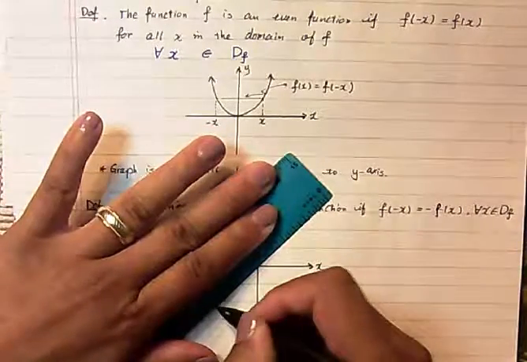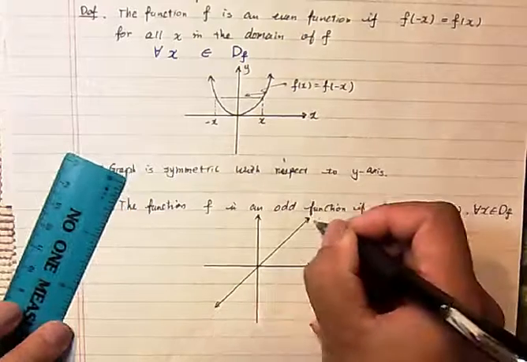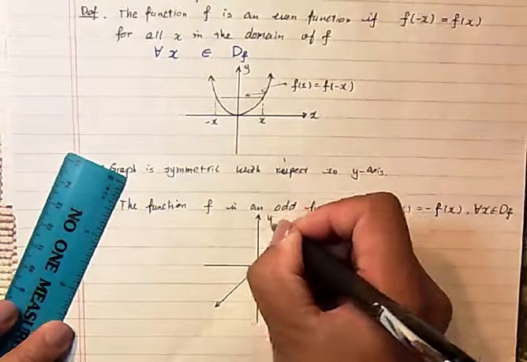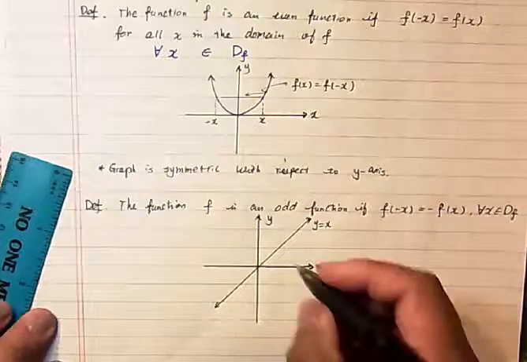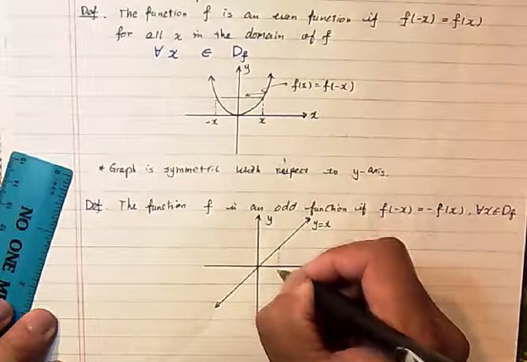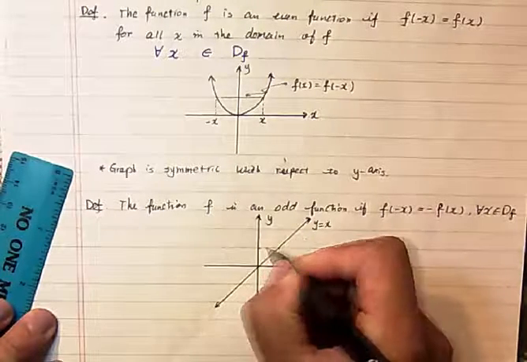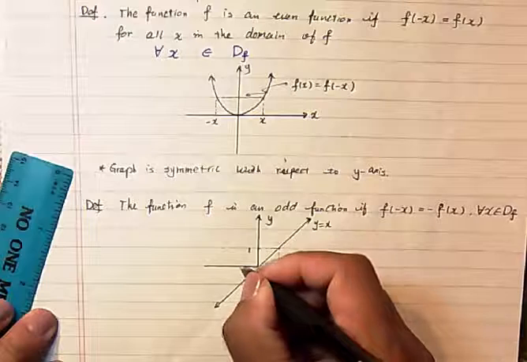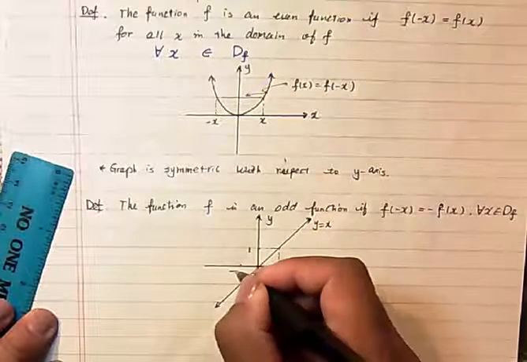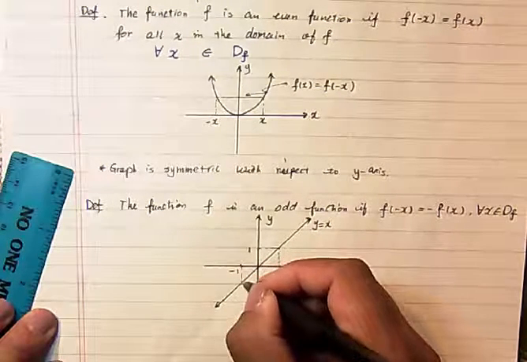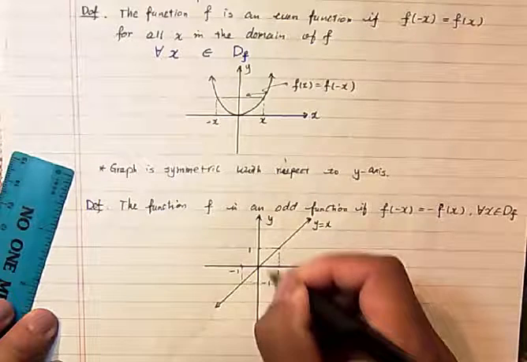Okay. So this is an odd function. The reason is, for instance, if I have x equal to 1, the corresponding value is 1. And then if we take the opposite of 1, which is negative 1, the corresponding output is negative 1, which is the opposite of 1.